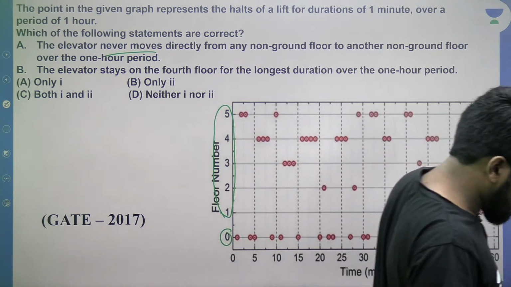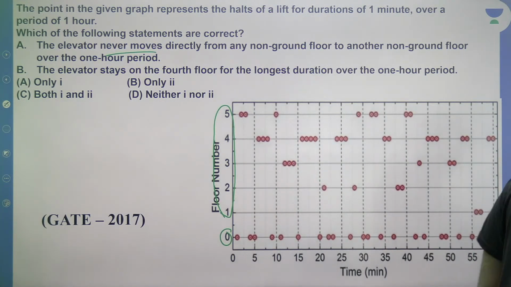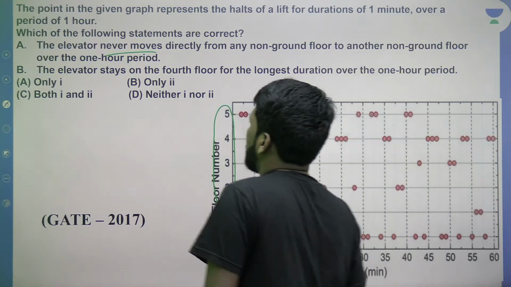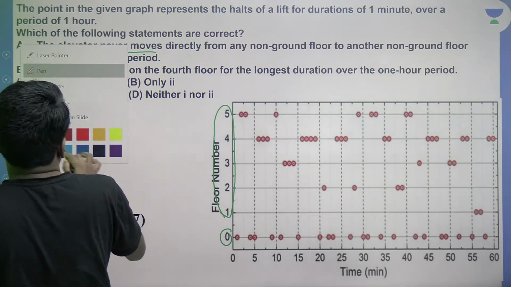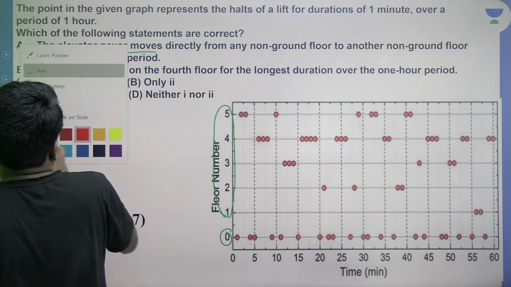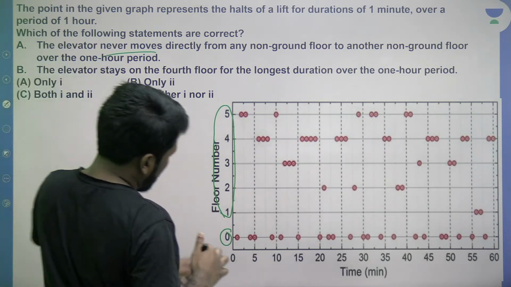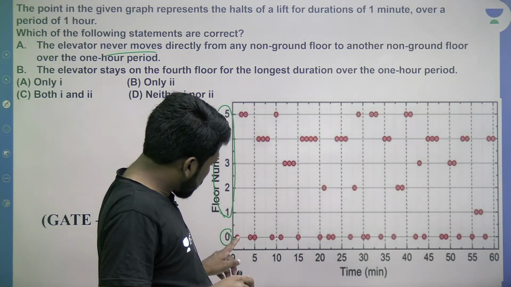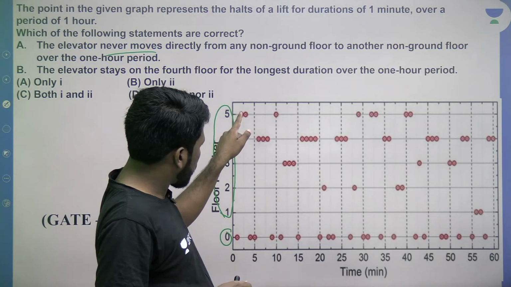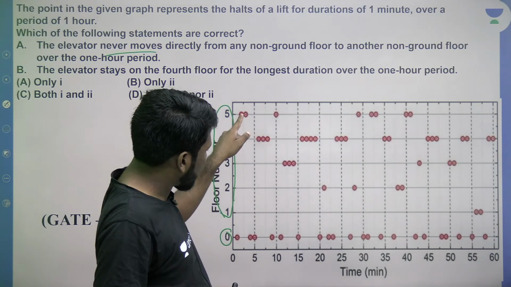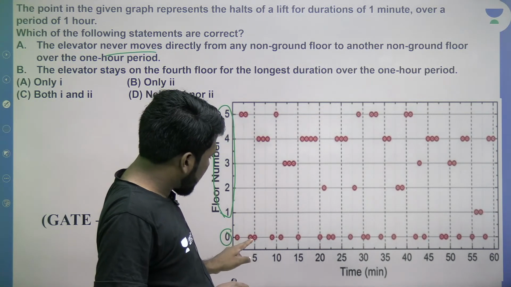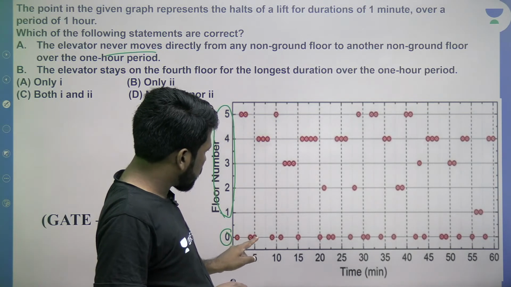That means if you can find one counter example, you can say that this statement will be wrong. So here 0th to 5th floor, then staying on the 5th floor 1 extra minute, and then coming back to 0, then again 0.